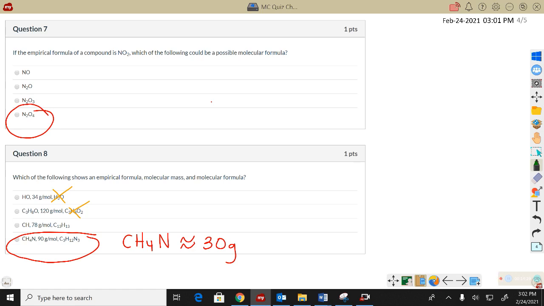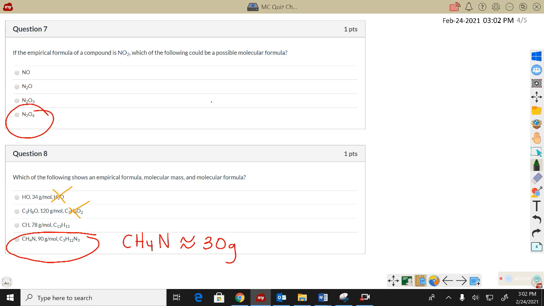So maybe H2O2. But H2O would not simplify to HO. Same kind of idea with the second choice. C3H8O would need to have some larger version of that ratio to become a molecular formula, not just adding an extra oxygen. I would maybe have to double everything. So it could be C6H16O2.